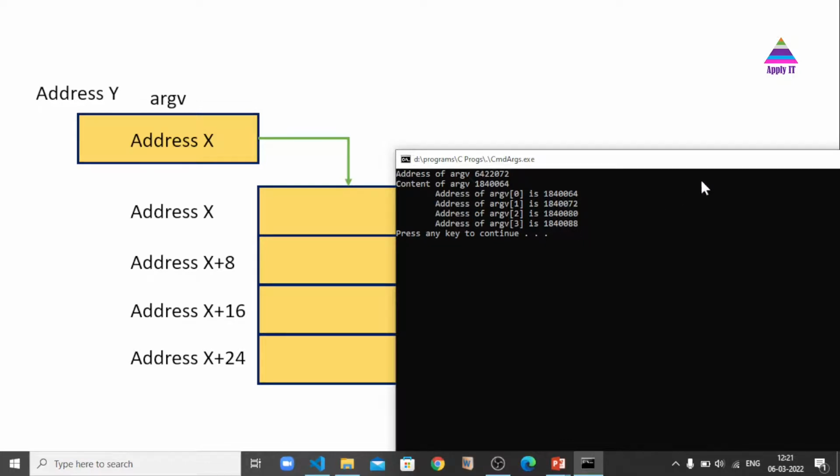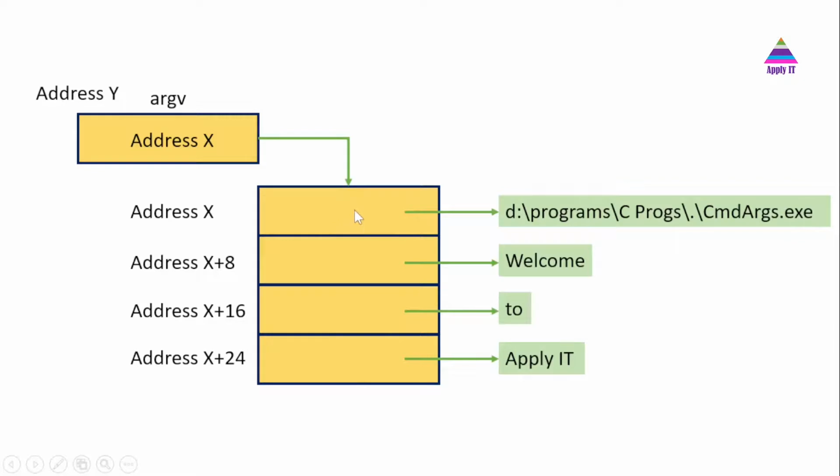which is 88. Now each element is one address which is pointing to one character array, which is a string. In C language, a string is represented as one character array. In the same way we have command line arguments, and those command line arguments are pointed to by these pointers, where the pointers themselves are stored in one array.